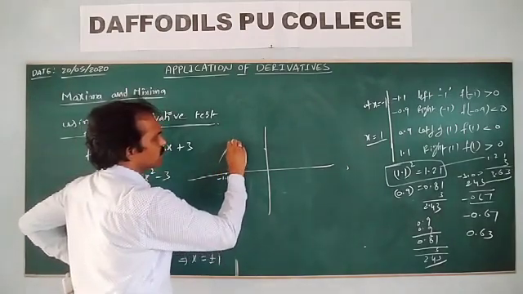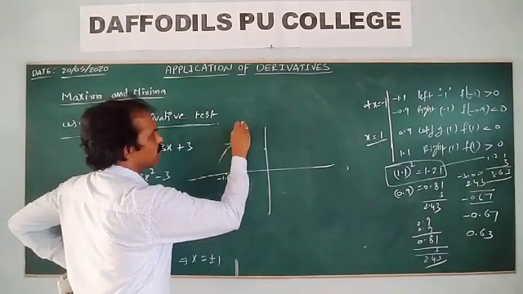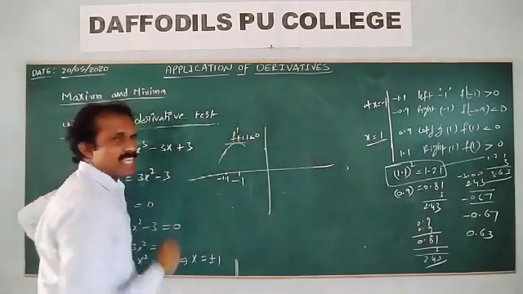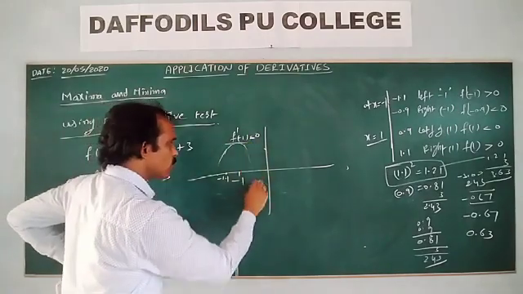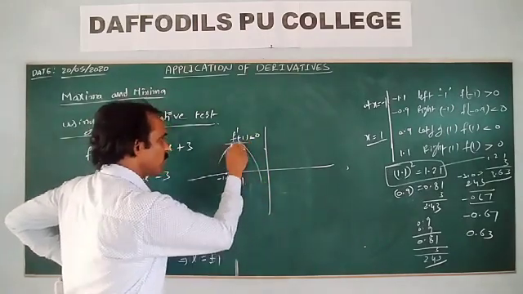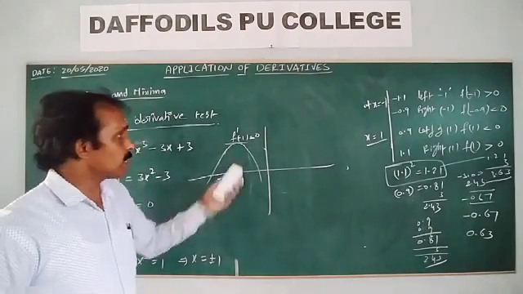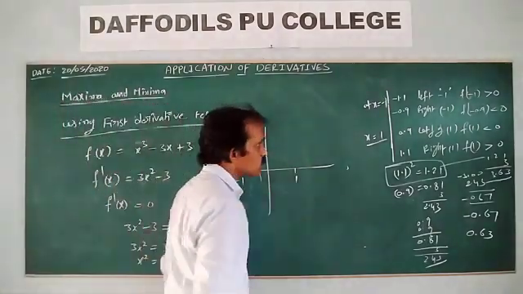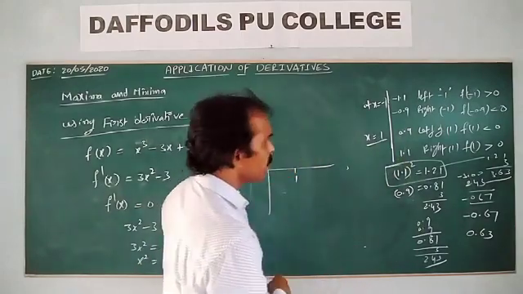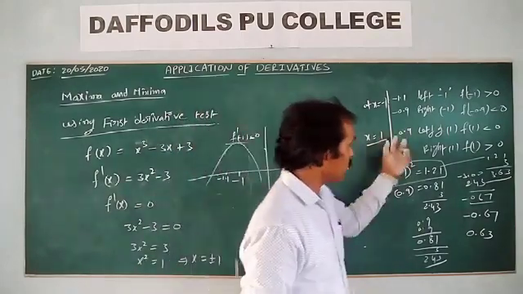At minus 1, f dash minus 1 is equal to 0, parallel to x-axis. And next, minus 0.9, that value is like this one. So graph is, at minus 1 it has maximum value. And at 0.9, what is the value?